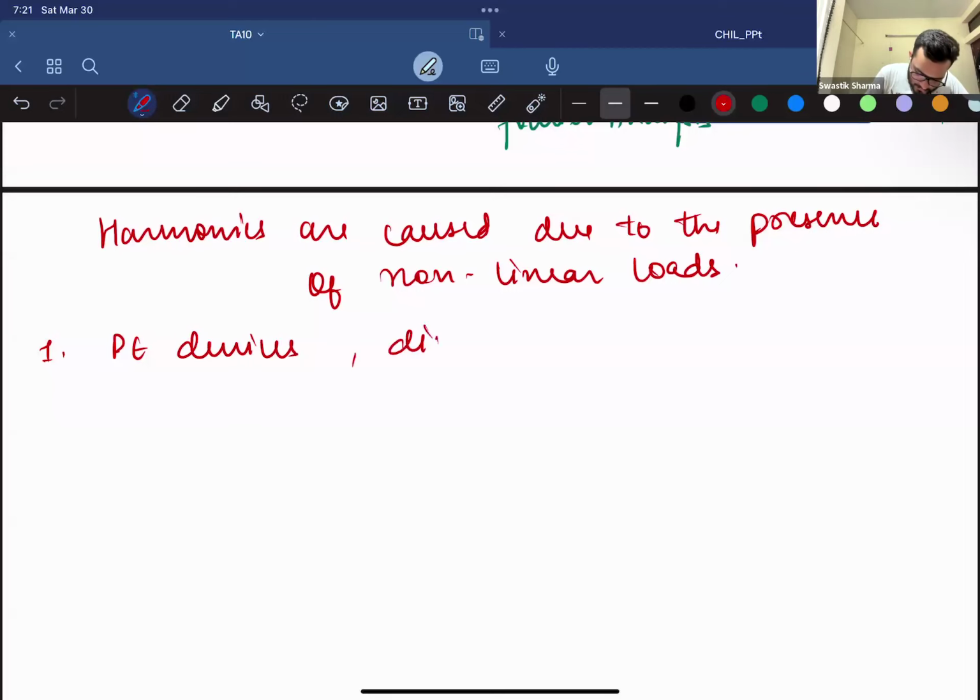These can be diodes, switches, etc. Their VI characteristics, voltage and current characteristics, are nonlinear.